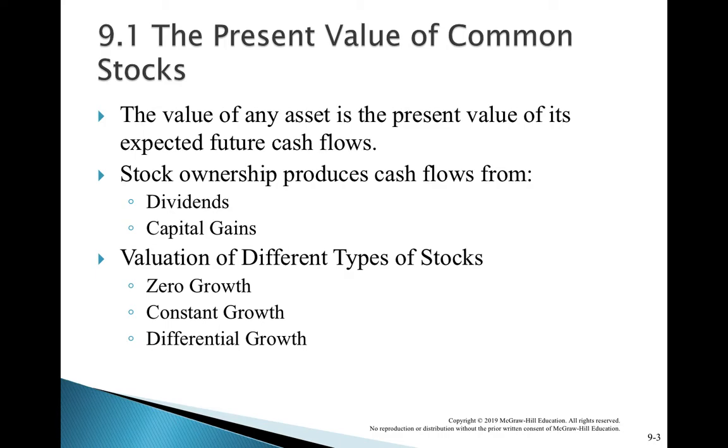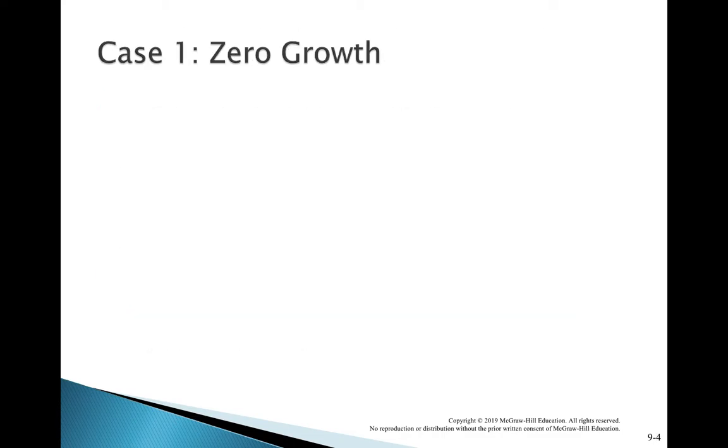Then in this case you have different stages of growth. First stage is 30%, next stage is 15%, then you have a constant growth of 5%. So these are the three situations that will arise when you are making the dividend discount model for valuing a common stock.